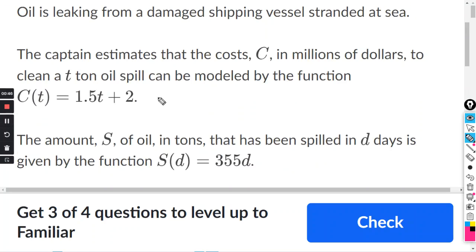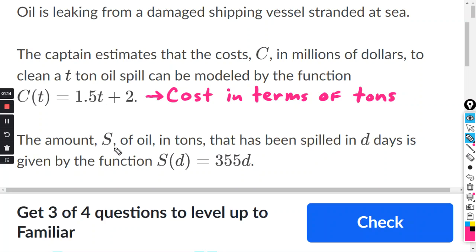So this function C of T is the cost in terms of tons. Okay, where T represents the number of tons. But how do we find out how many tons of oil are actually spilled?